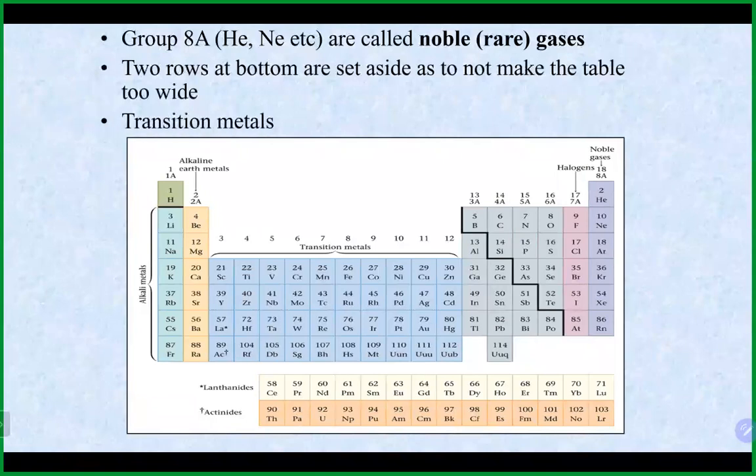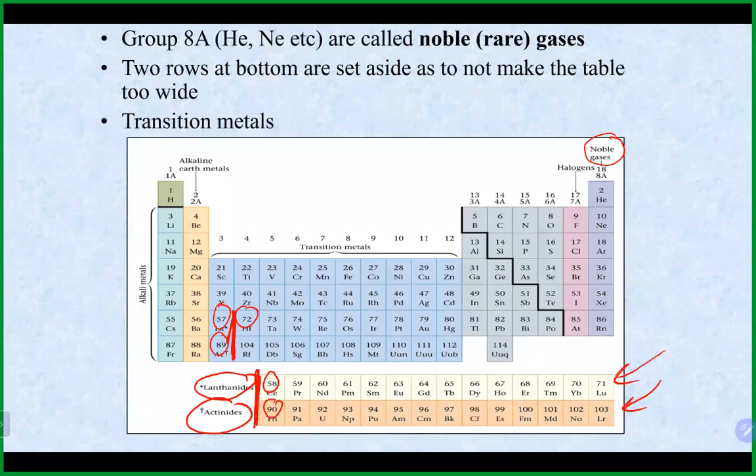There are our noble gases, again group 8, sometimes called rare gases, but most people just call them noble gases these days. Now, these two rows on the bottom are the lanthanide and actinide series. If you follow the numbering on the periodic table, they actually go right here, between 57 and 72. So here's 58, that should go there, and that's 89, and there's 90.